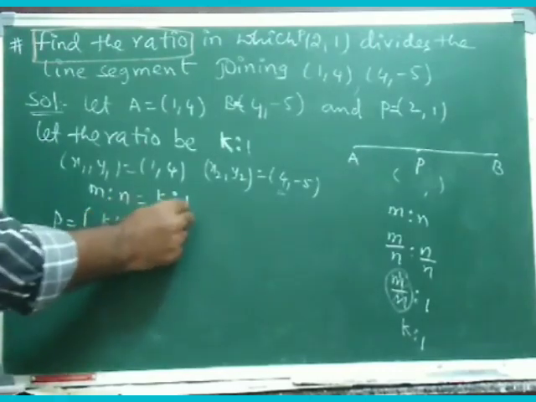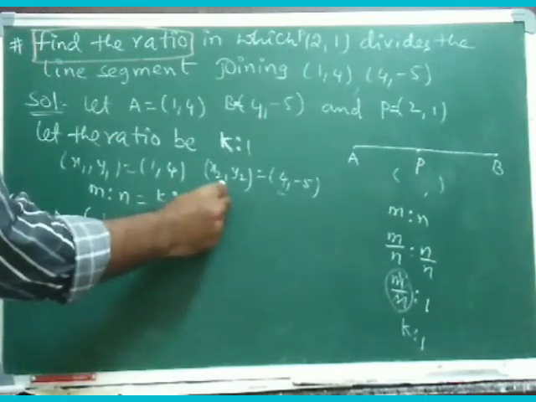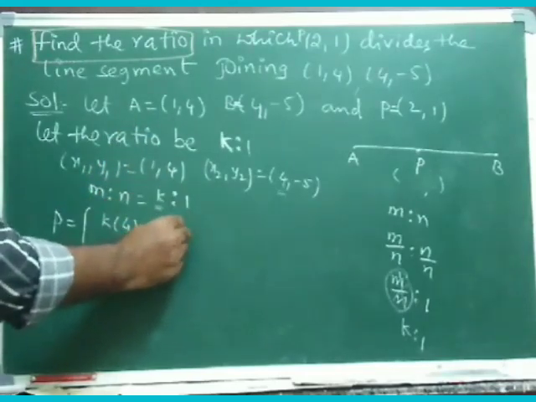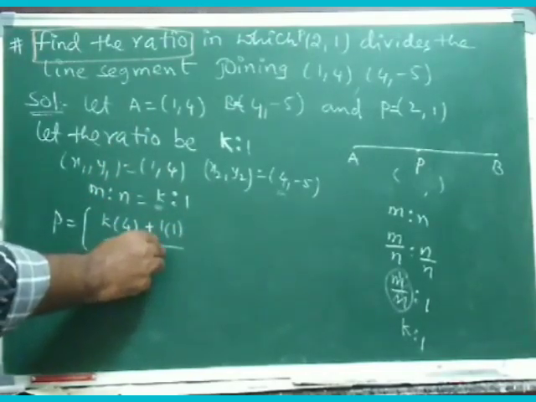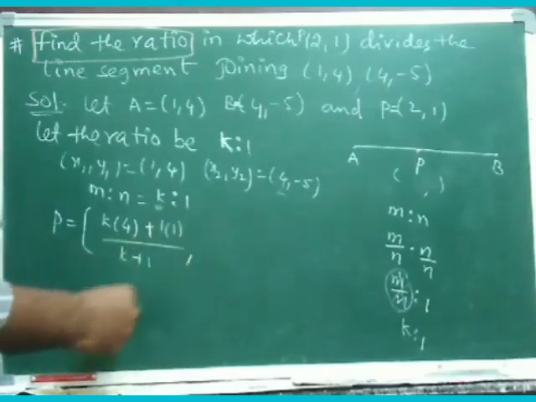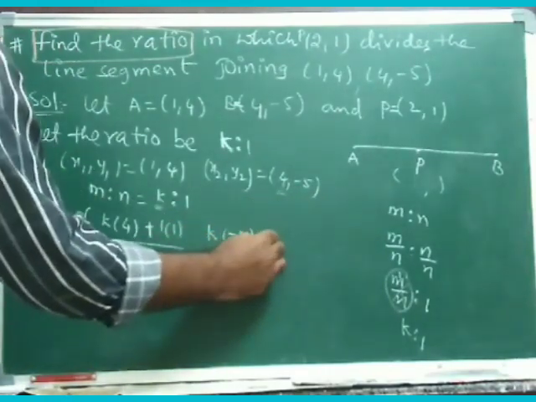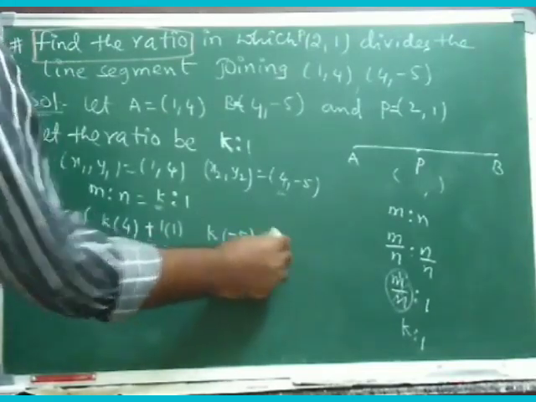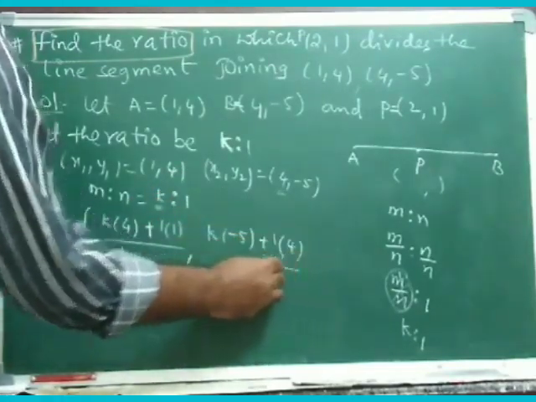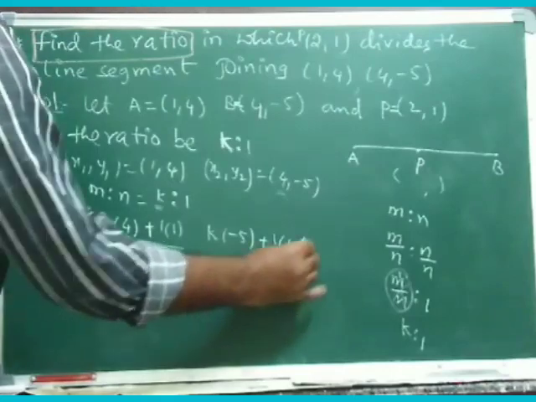Plus n, which is nothing but 1 into x1. What is x1? It is 1, by m plus n, which is k plus 1, comma, m y2, that is k into -5, plus n into y1, which is 4, by m plus n.